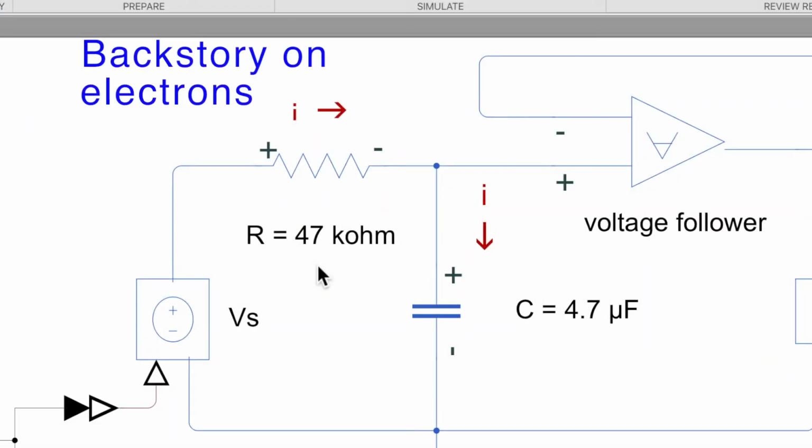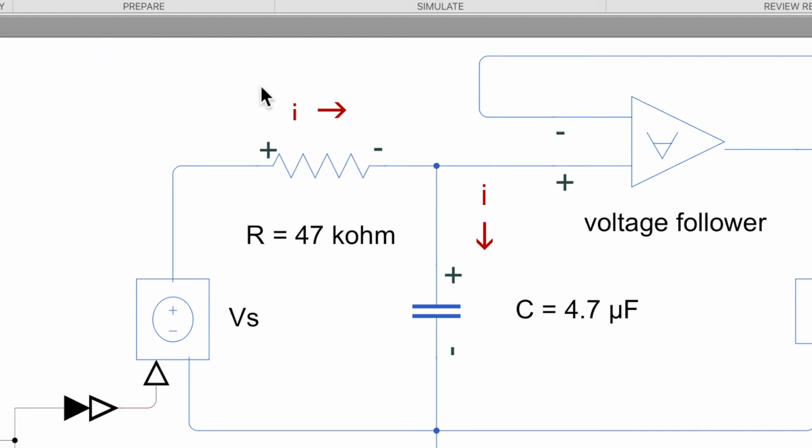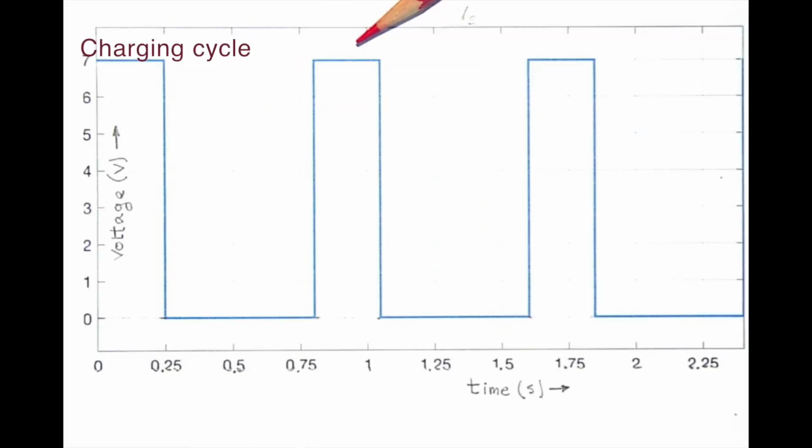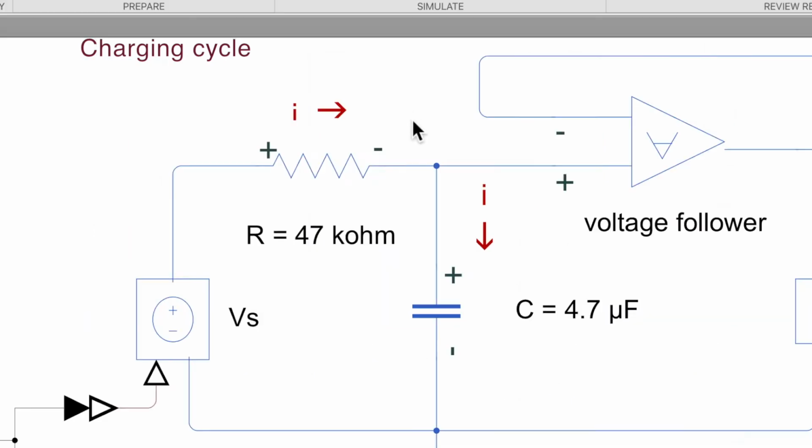Now, let's pause briefly while I discuss some of the physics of the electricity involved here. Fasten your seatbelt. When the positive current is going from left to right during the charging cycle to charge this capacitor, the electrons in the wire and the resistor are actually going in the opposite direction, from right to left, against this arrow. Why?